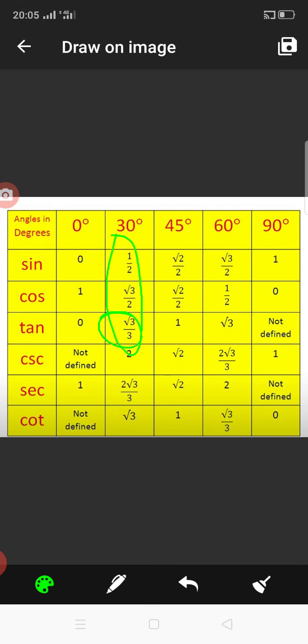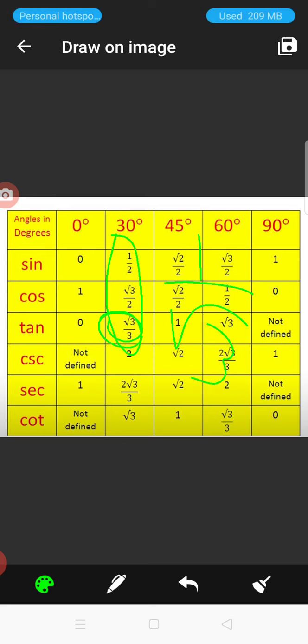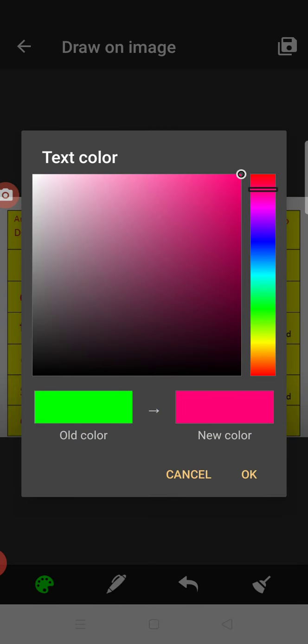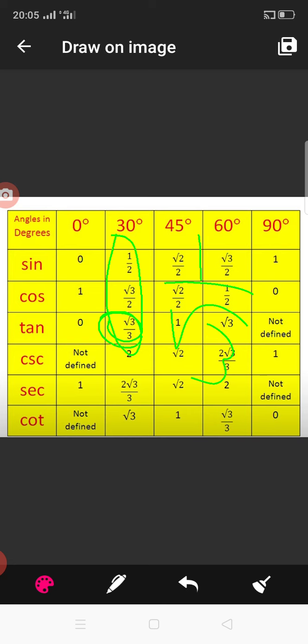You can write it also as 1 upon root 3. In 9th standard you saw rationalization. Using rationalization, root 3 upon 3 can be written as 1 upon root 3. Did it clear to you for 30 degrees?